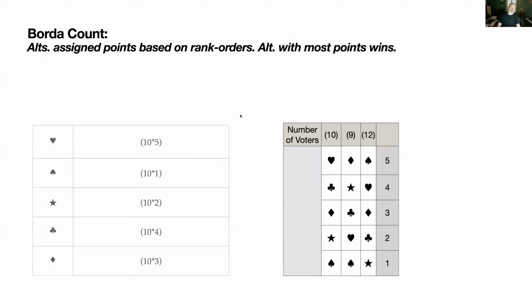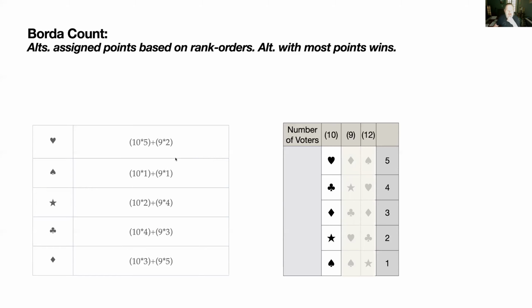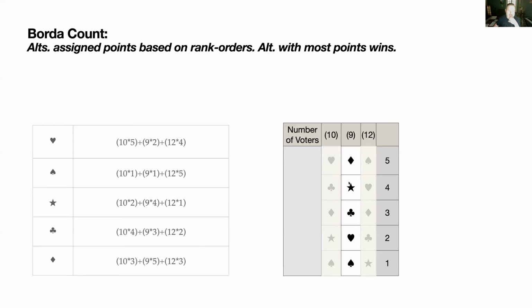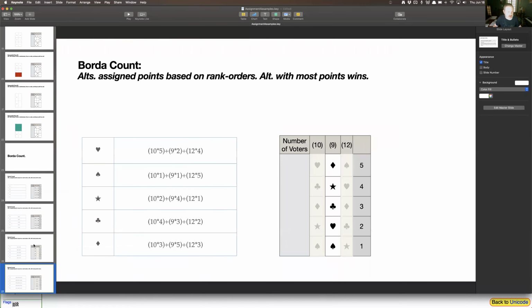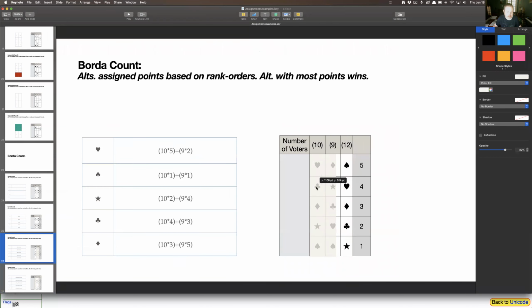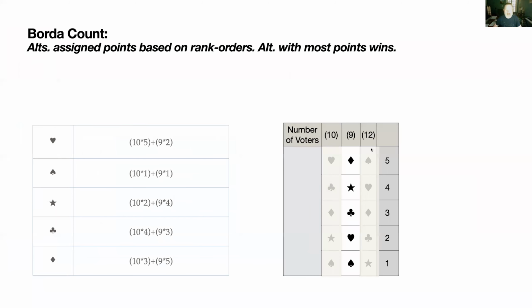Now let's do our group of 9, and we're just going to add that number of points together here. Our group of 9, they're going to give 5 to diamonds. Notice diamonds is their top choice.